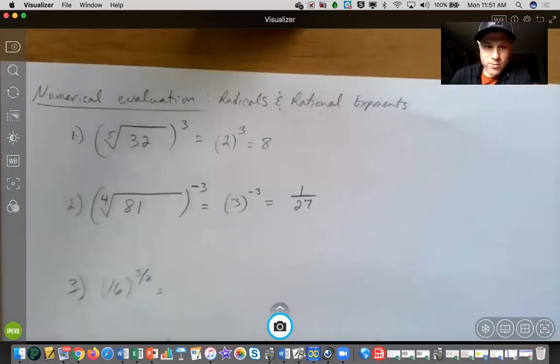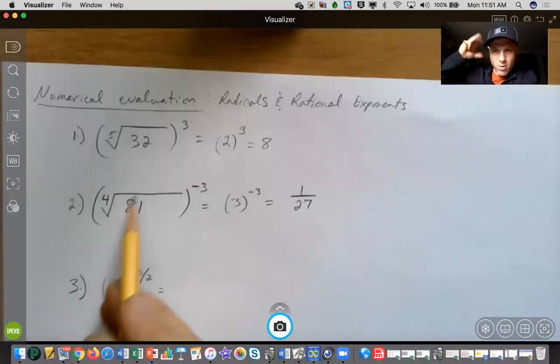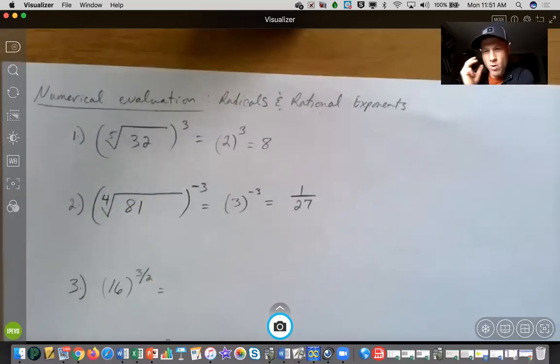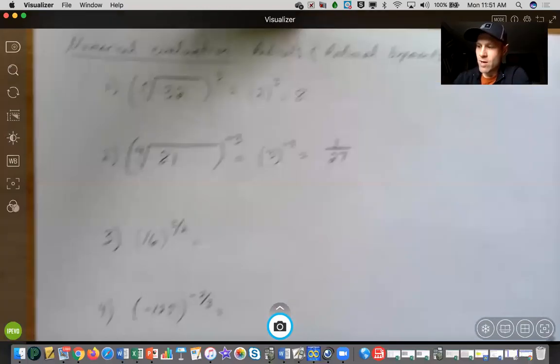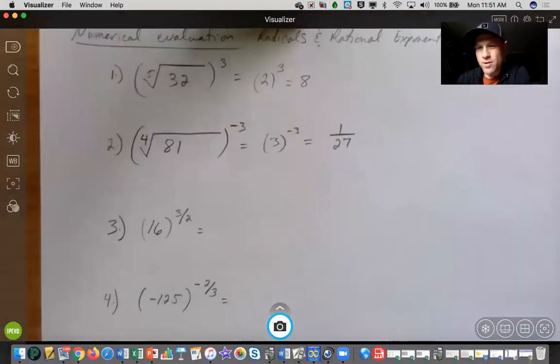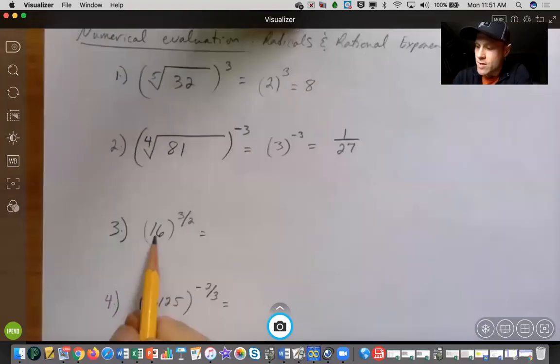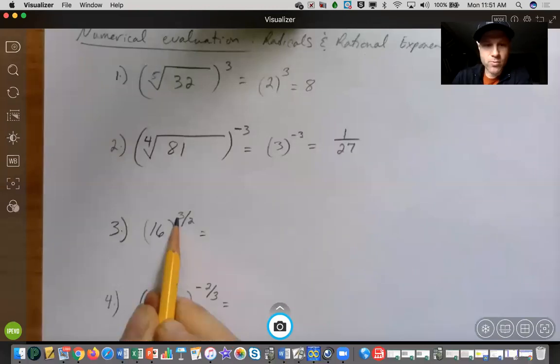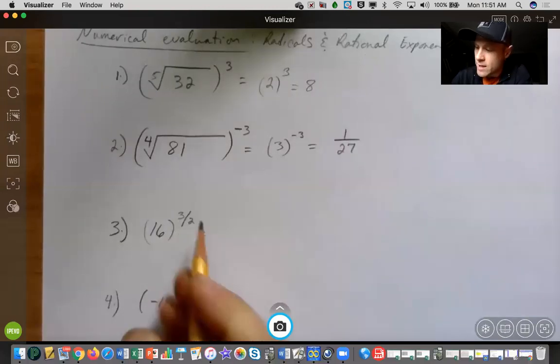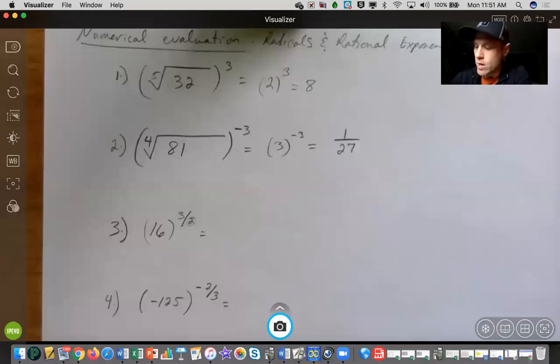I like it when it's written in radical notation because we can kind of process through it faster. We're already being told what the root is we're trying to accomplish. When it's written as a rational exponent, one of the first things you want to do is try and convert it. So the root of 16, when we're doing 16 to the 3 halves, the root that we're trying to do is really the denominator here, which is a square root.